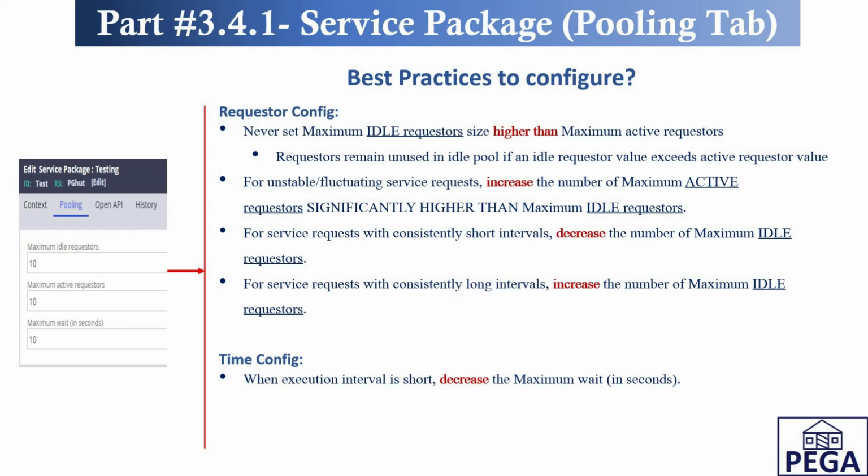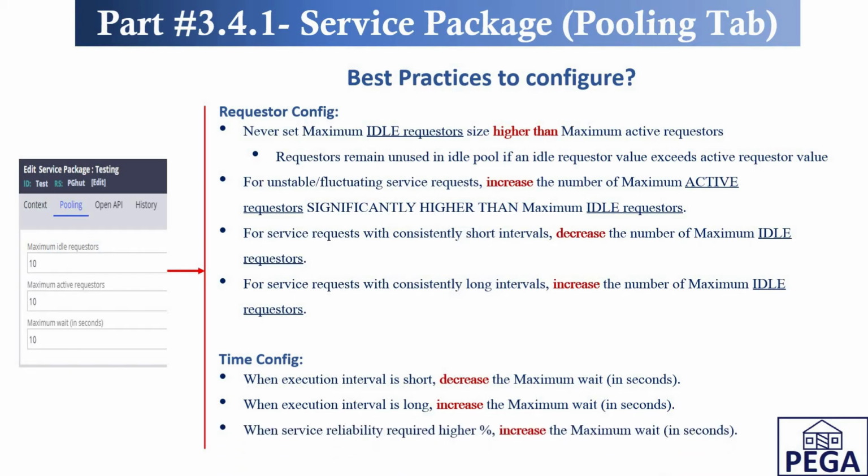You don't want anybody to wait, so it will be good to decrease the maximum wait. If your execution interval is long, if it is taking more time, then just increase the maximum wait so that it won't get timed out. Now when service reliability is required in higher percentage, during that time you need to increase the maximum wait.